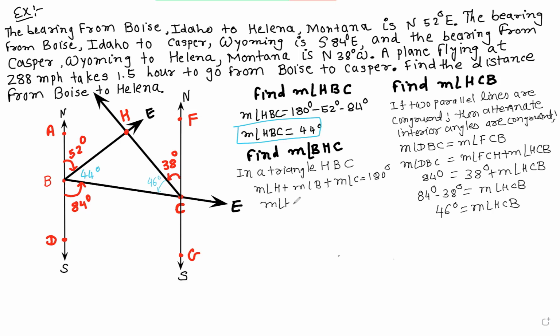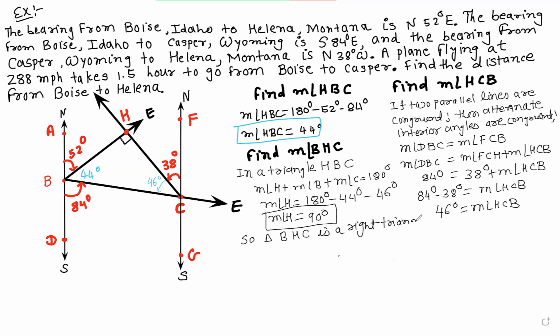So measure angle H equals 180 degrees minus measure angle B, which is 44 degrees, minus measure angle C, which is this angle from the triangle CBH or BHC or HCB, 46 degrees. So that will be equal to 90 degrees. So we can label this as 90 degrees. So triangle BHC is a right triangle. And now our goal is to find this distance from here to here.